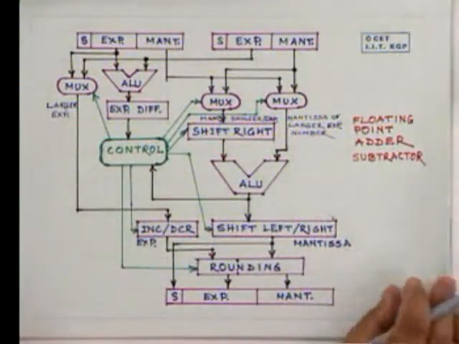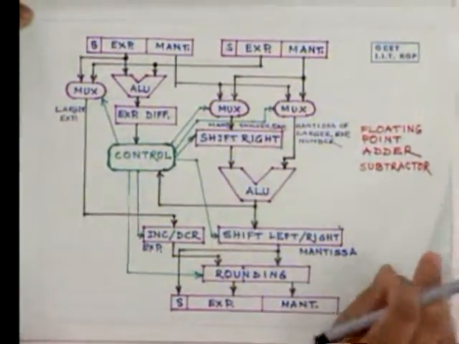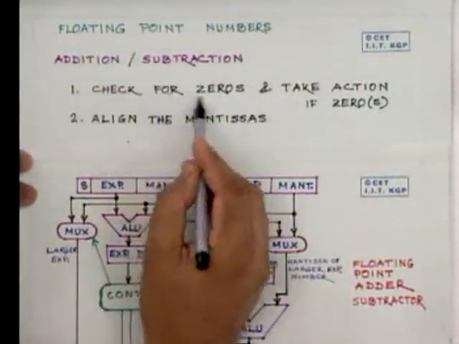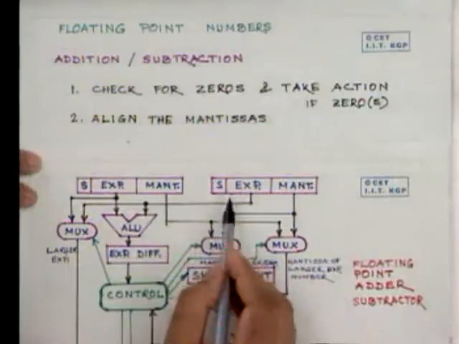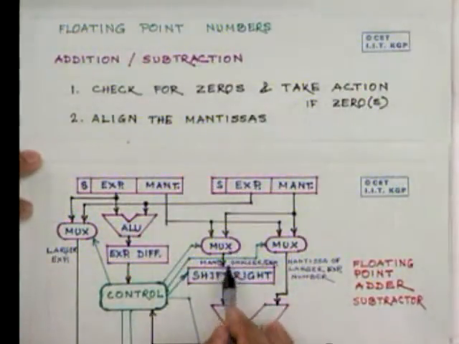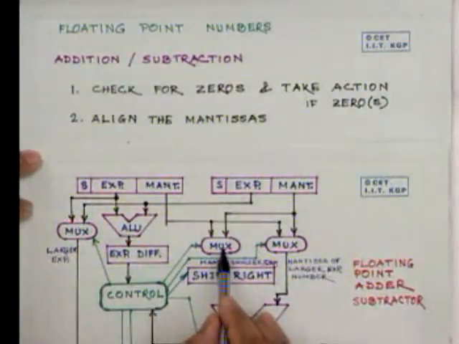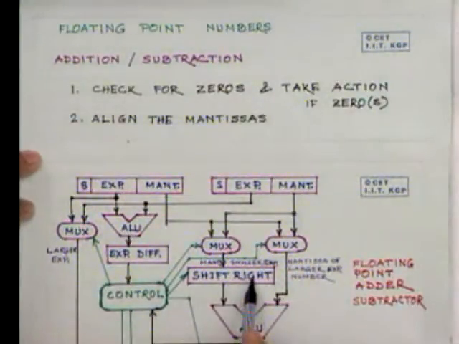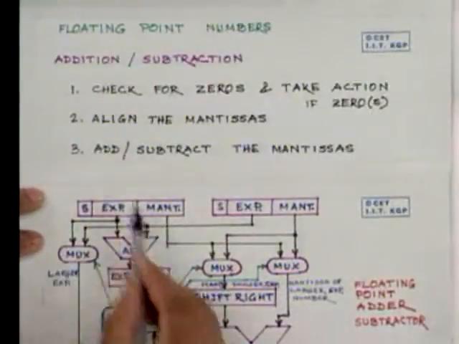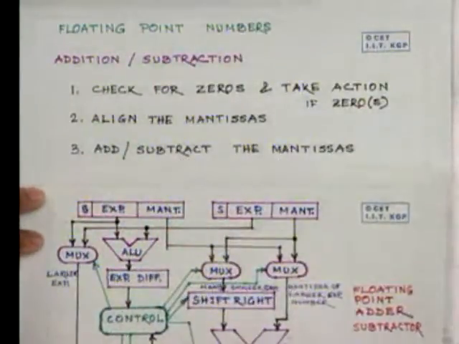You see, we'll have to align the mantissas depending upon the difference of the exponents. So the number with the smaller exponent comes over to here and is shifted right, to bring it to the same exponent as the number with the larger exponent. Then the arithmetic addition and subtraction are done.